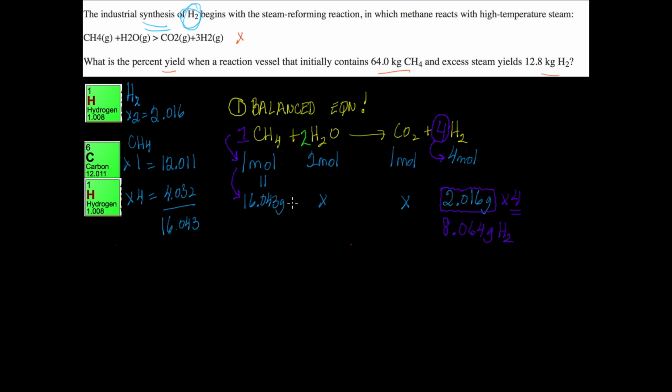It's maybe not the most clear, but once you understand the concept, then you can represent the math a little bit better. So this balanced chemical equation tells us that 16.043 grams of methane will react and form 8.064 grams of H2.